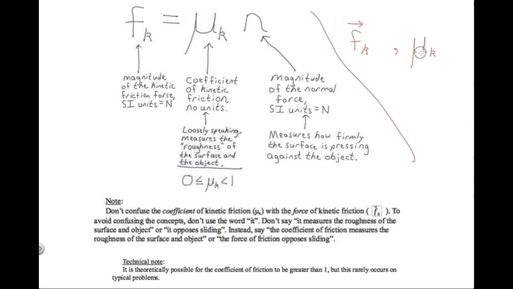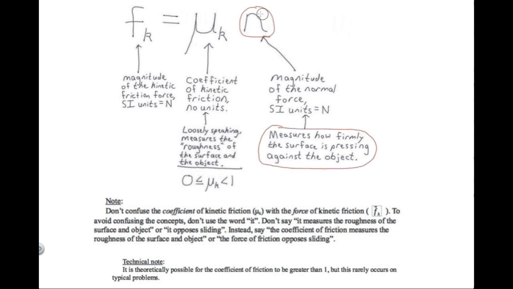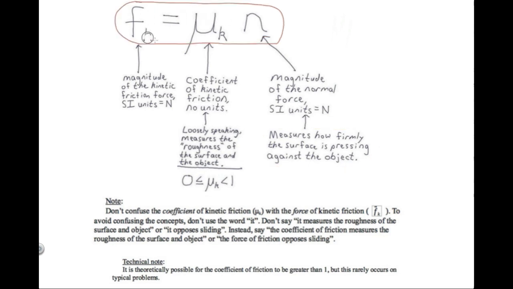Don't confuse the coefficient of friction with the force of friction. The magnitude of the normal force exerted by the surface on the object measures how firmly the surface is pressing against the object. So the meaning of this formula is that there are two factors that affect the magnitude of the force of friction.